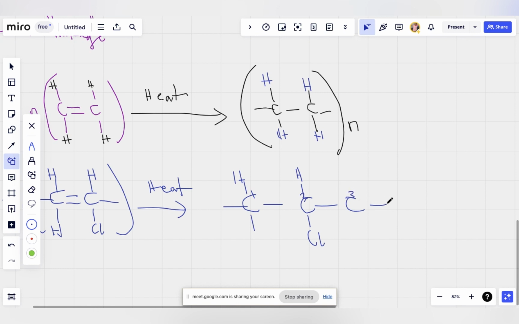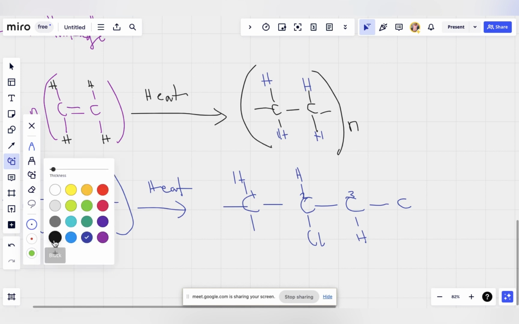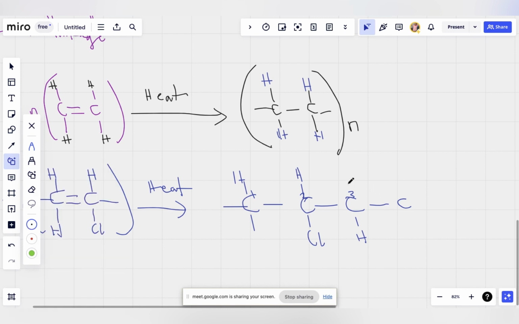If I have my carbon 4, meaning I've counted another one, here I have hydrogen, here I have hydrogen, here I have hydrogen. After 1, 2, this is like 1, 2 again, or 3, 4. Here I will have my chlorine, because we are getting polychloroethene.